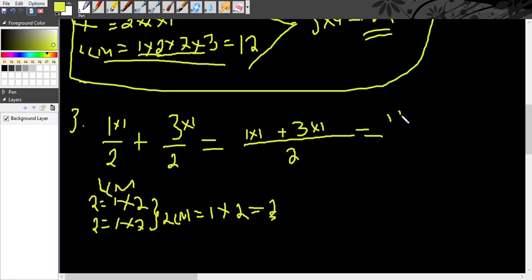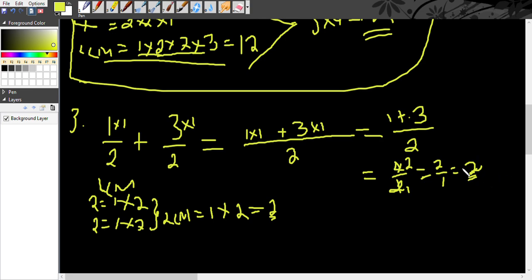That gives us 1 plus 3 over 2, which is 4 over 2. 2 ones are 2, 2 twos are 2, so that gives us 2 over 1, which simplifies to 2.